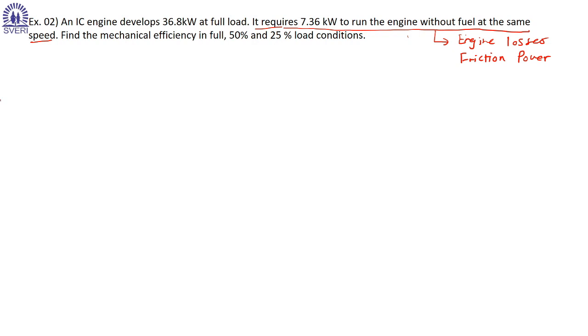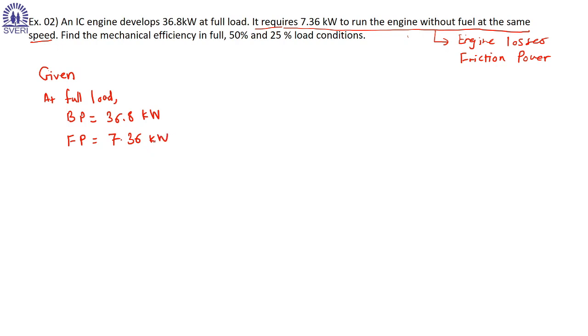So if I write the given data in this problem, at full load the brake power is given as 36.8 kilowatt and the friction power is given as 7.36 kilowatt.